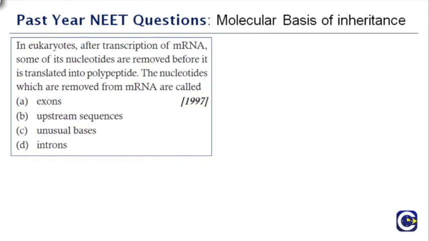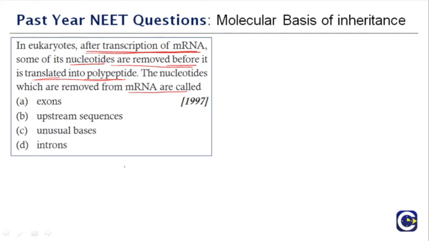In eukaryotes, after transcription of mRNA, some of its nucleotides are removed before it is translated into polypeptide. The nucleotides which are removed from the mRNA are called. So in eukaryotes, after transcription of mRNA takes place, some of the nucleotides are removed before it is translated into polypeptide.